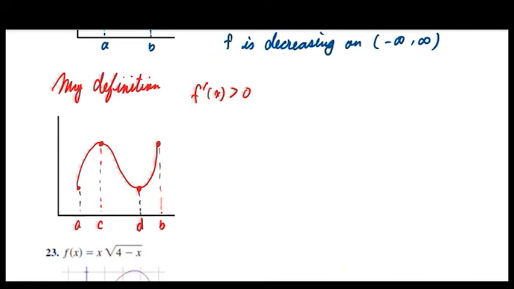I kind of looked into it, and I don't want to get into it now. And then you notice I put this in parentheses. That means increasing on, and then I put the A to C union, and then I put D to B.